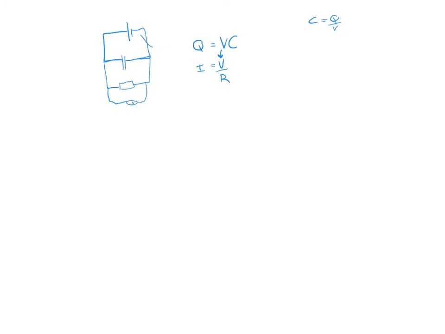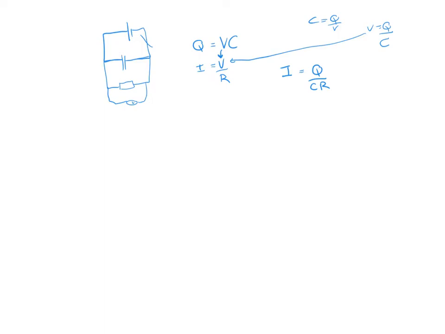So I will have V is equal to Q over C as a rearranging and substitute it in there. So that will give me I is equal to Q over CR.